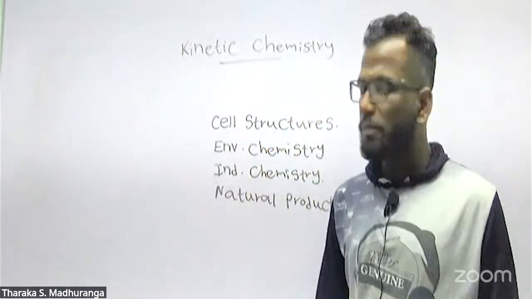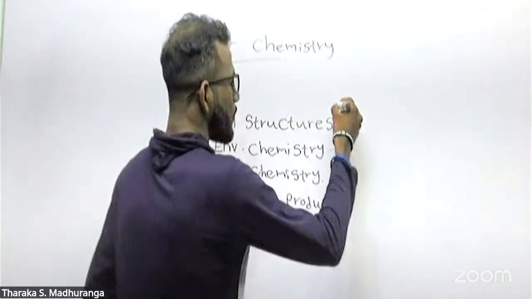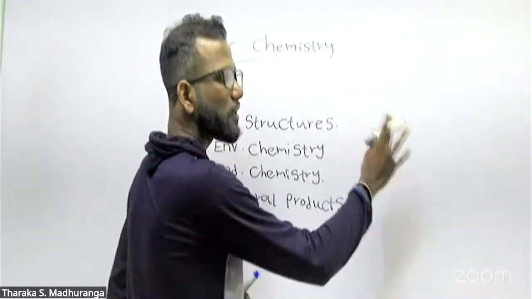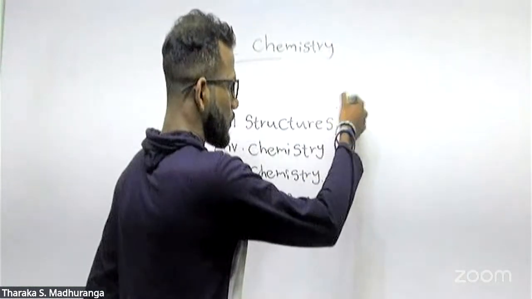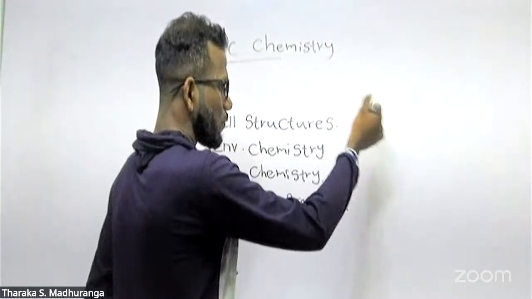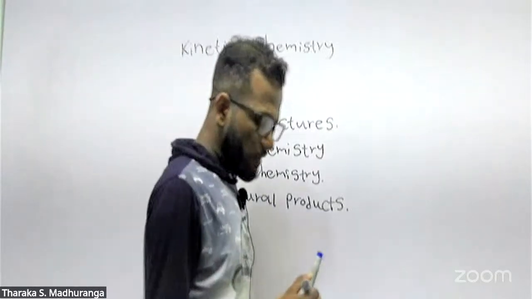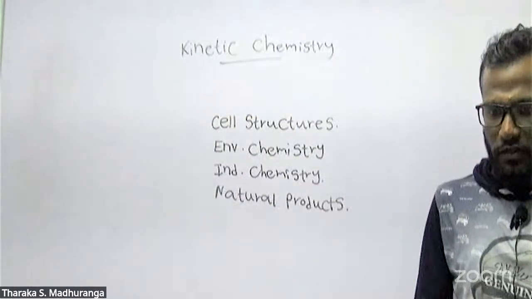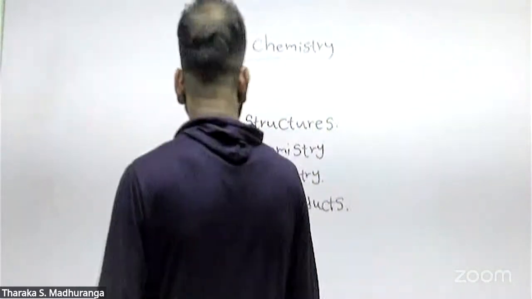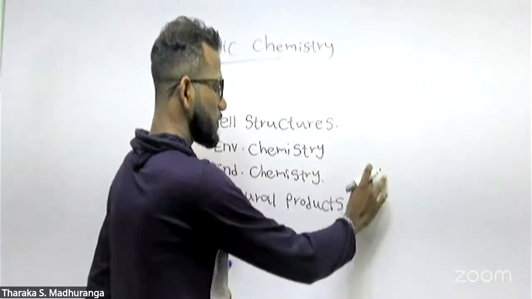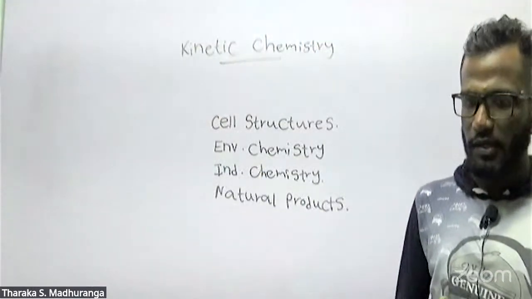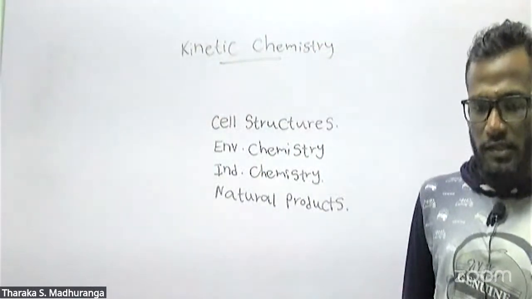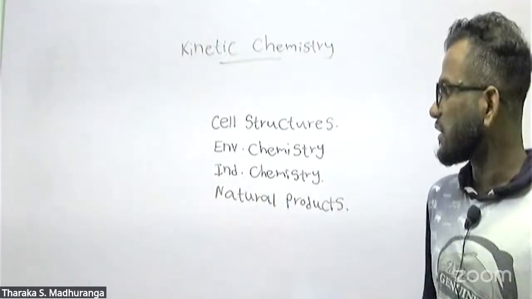Therefore, I hope to print all these books. Books means tutes, and send them to you by courier or whatever. I will inform you how to send that. I will prepare the tute pack for all these 4 lessons, then I will inform you, then you can send me your address, then I will send that.